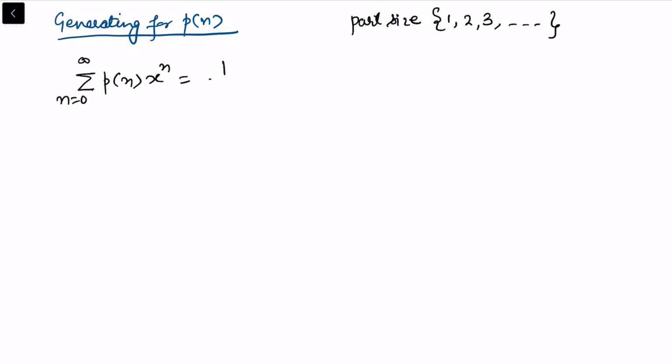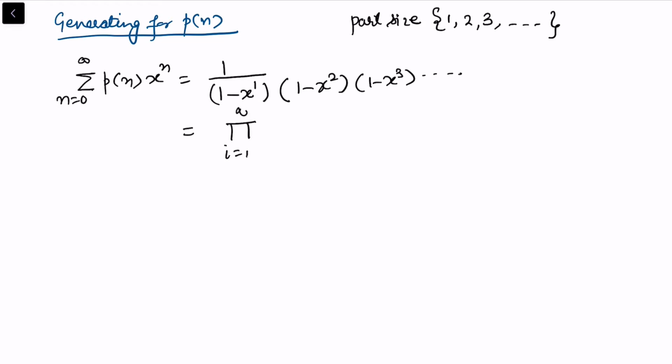So this is 1 over 1 minus x to the power 1 if the part size 1 is coming. Then we take 1 over 1 minus x square if the part size 2 is coming, 1 over 1 minus x cube, and so on. So we write this in this form, product i varying from 1 to infinity, 1 over 1 minus x to the power i. This is called the generating function for partitions into any part. Here there are no restrictions.